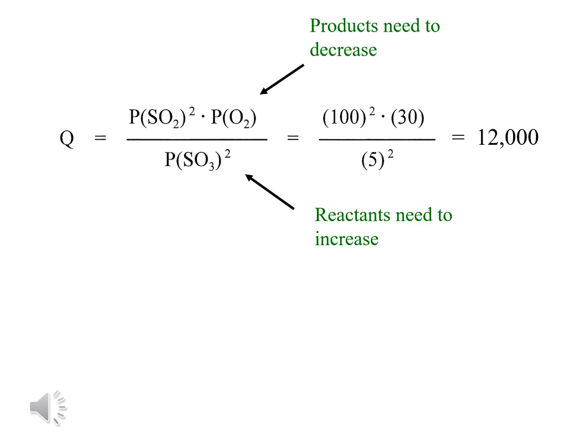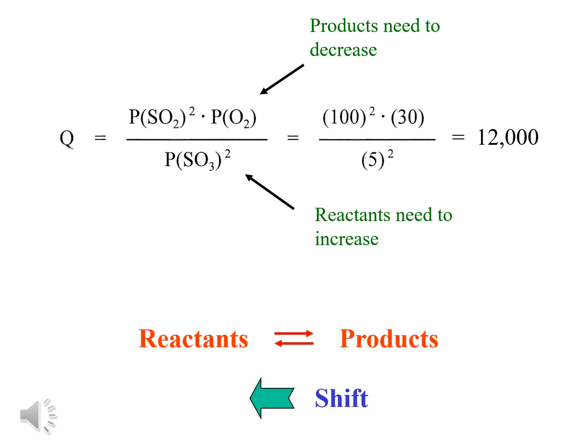If you do that for this particular one, what's on the top of the fraction is products, and on the bottom is always reactants. So if you want the number 12,000 to go down and reach equilibrium, you're going to have to decrease the products on the top and increase the reactants on the bottom.